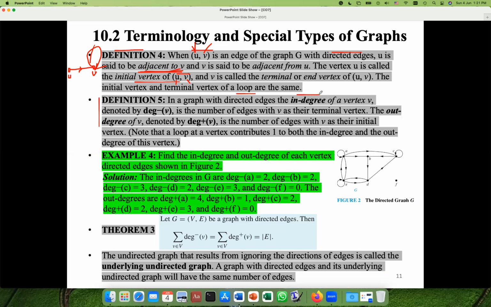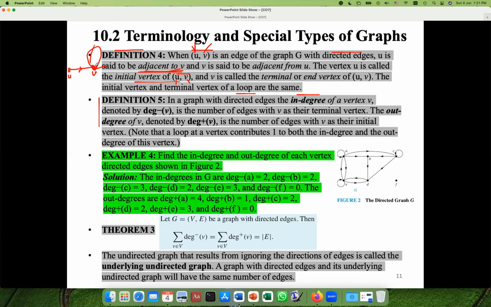What is in degree? So for example, if this is the node, any edge coming into it would be counted as an in degree of that vertex.